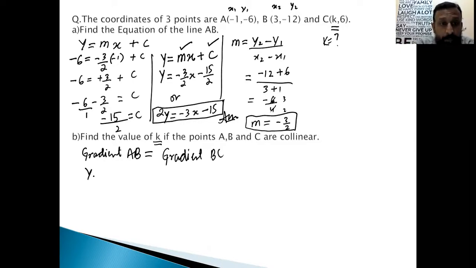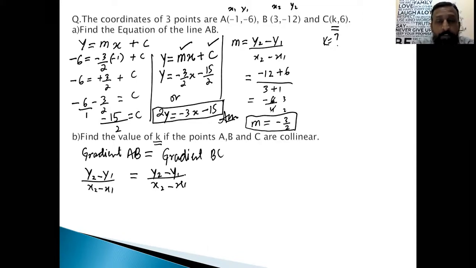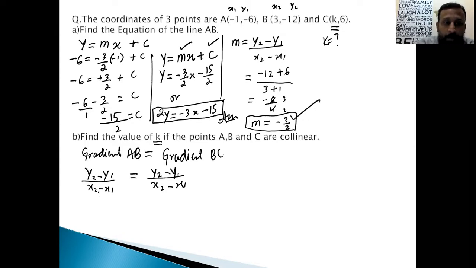With the formula y2 minus y1 upon x2 minus x1, and the same formula applies here. The gradient AB we just found in the previous part as negative 3 upon 2. So we can plug in the value directly, or if you want, you can do it again as we have done earlier. So I'm just plugging in the value as negative 3 upon 2.